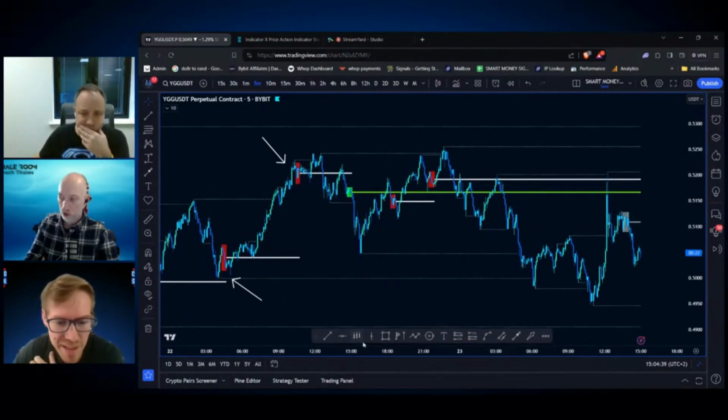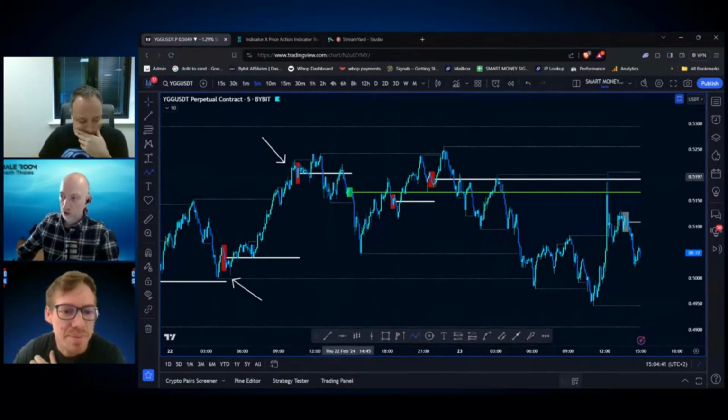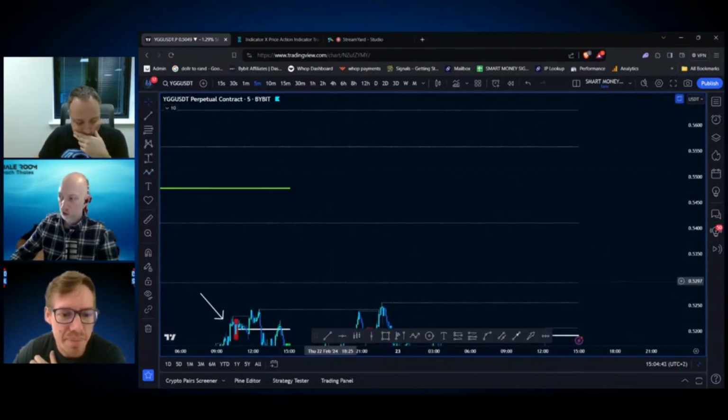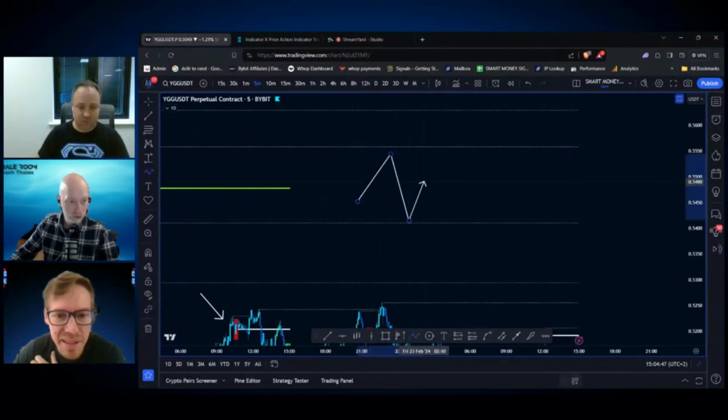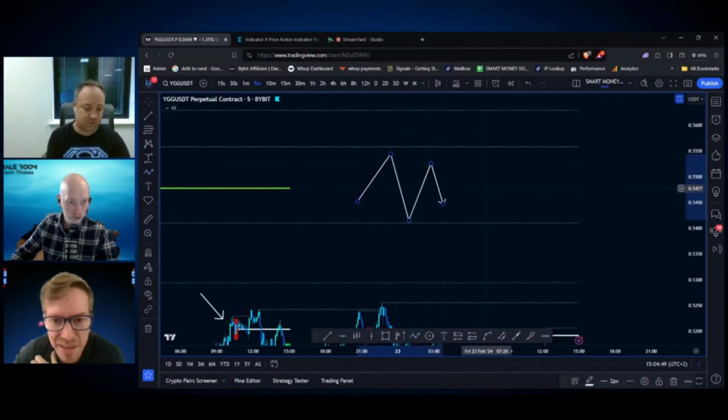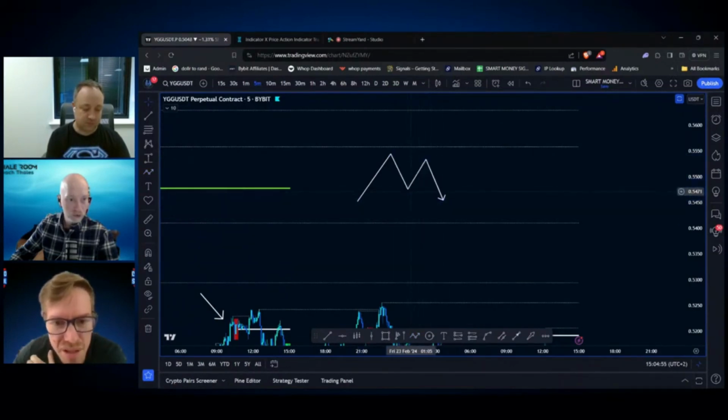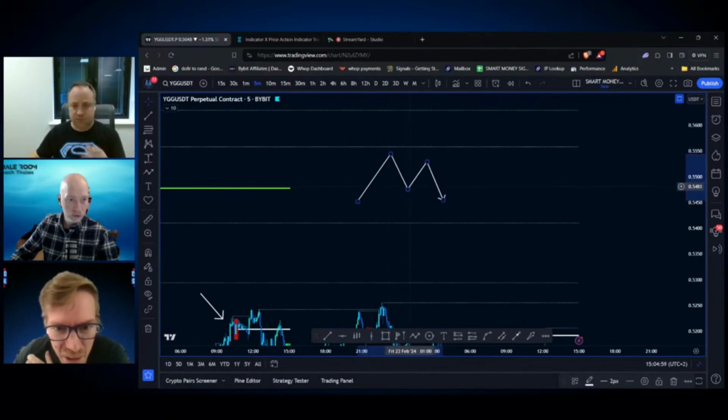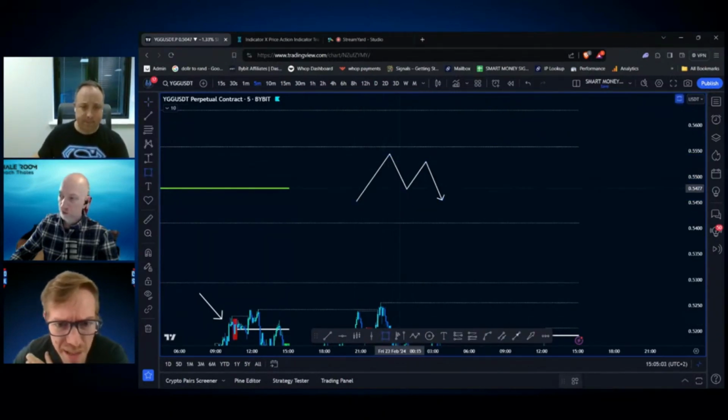What it's doing is it's actually measuring whenever you see a lower high and a higher low in the market, like this. It's real simple, actually. So whenever you get this lower high and this higher low happening, let's just say over there. So this high would be lower than this high, and this low would be higher than that low. Then what the algorithm does is it draws a box around it.